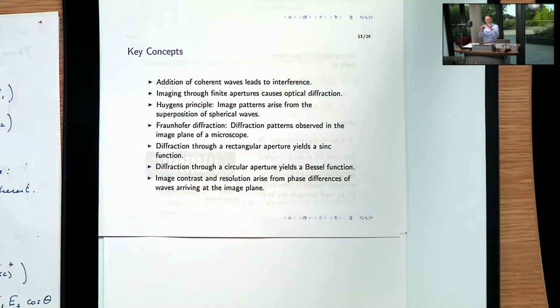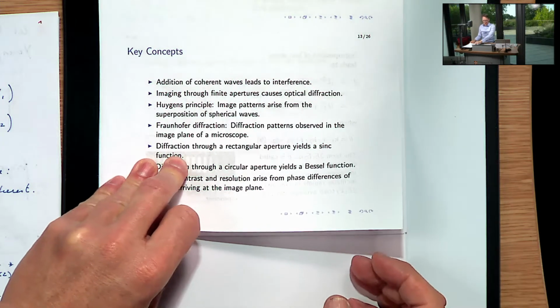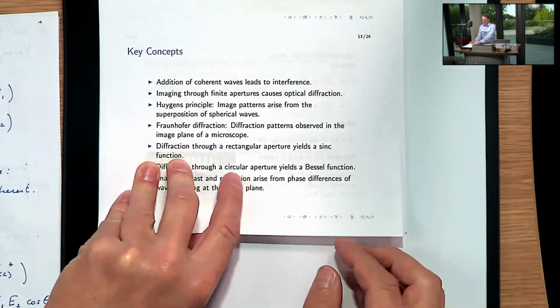Essentially the different phases from the waves coming from different points of the object will interfere constructively and destructively according to their phases, and that gives you contrast. Where they destructively interfere, you get dark patches in the image, and where they constructively interfere, you get bright patches. So phase differences and interference of that type are crucial to the formation of images.